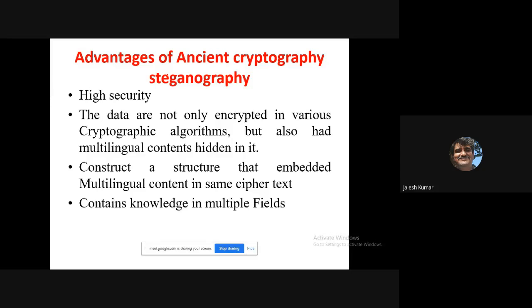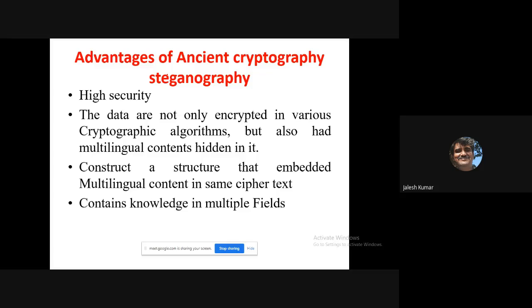The data are not only encrypted in various cryptographic algorithms, but also had multilingual contents hidden in it. Is it not? As I told, different types of languages lead to different techniques, depending on the language they have written, the number of characters in that, like that. So many things are covered in this.